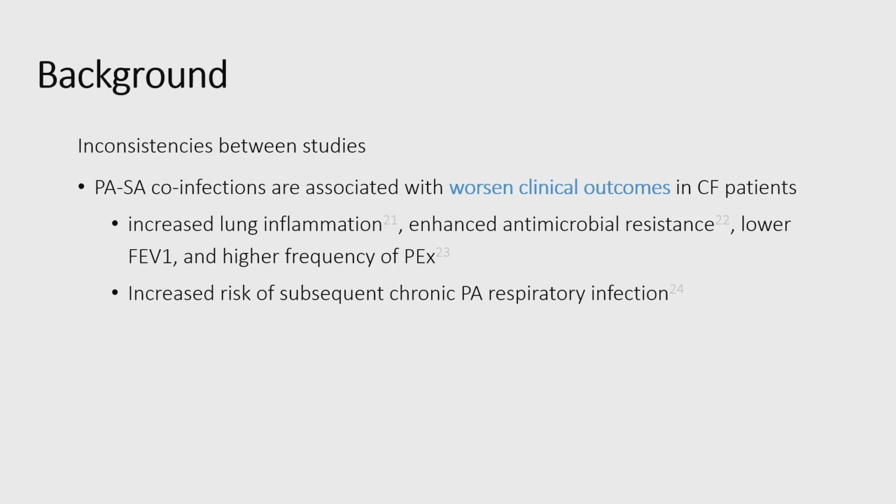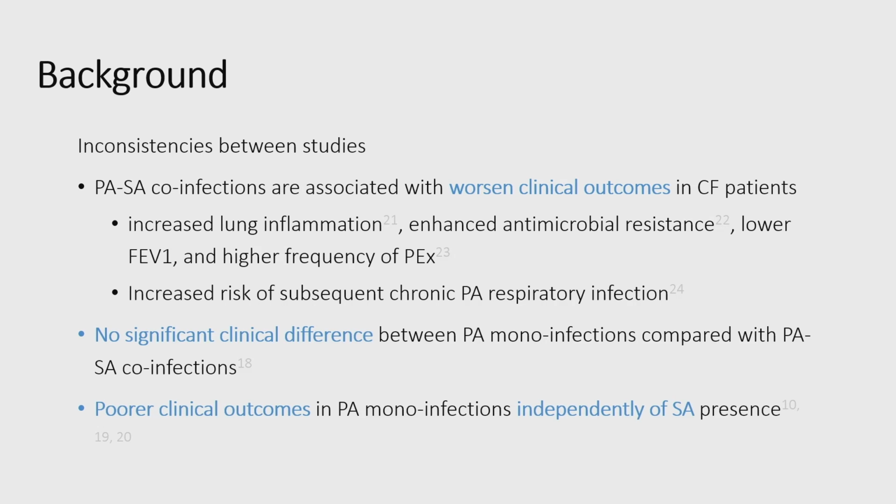In the literature, there are definitely some inconsistencies between the studies. An increasing number of studies are showing that PA and SA co-infections are associated with worsening clinical outcomes in CF patients. However, there are also studies showing no significant clinical difference between PA monoinfections compared to PA and SA co-infections.